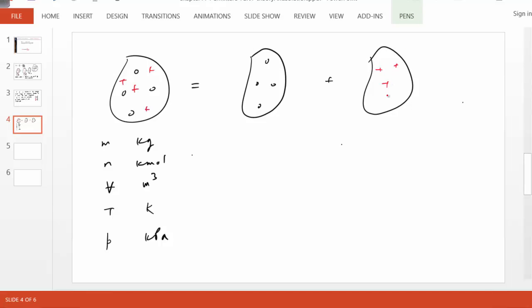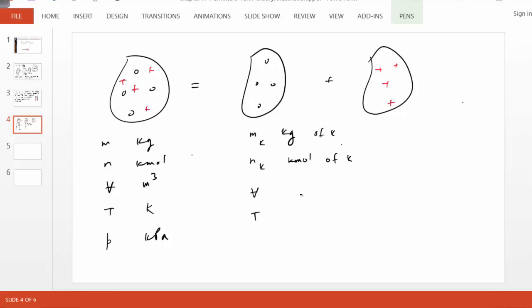And what Dalton says basically is that in this superposition, we have m_k kg of a component, n_k kilomole of a component, and the volume is the same for each component.